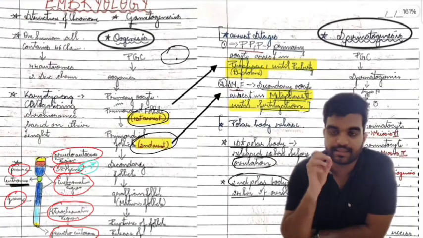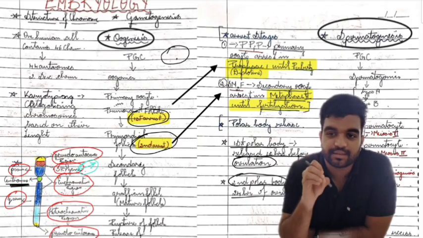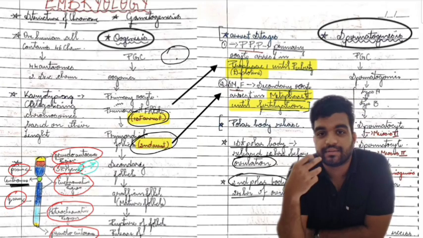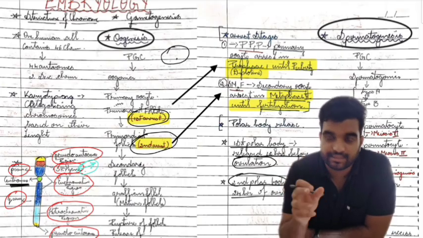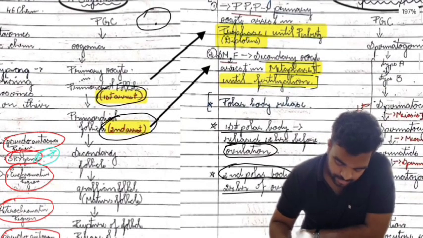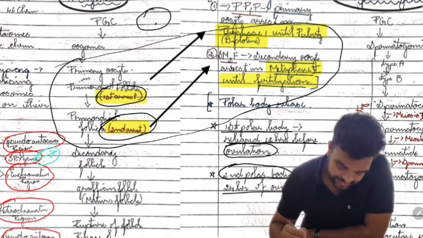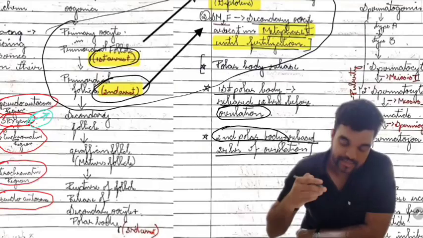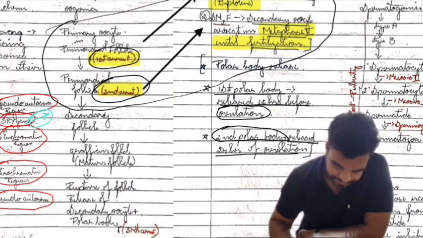In oogenesis itself, they are more interested in whether the doctor knows where to arrest a particular oocyte so that a particular embryo can be generated, etc. So they lean towards the clinical significance of where the arrest takes place rather than the steps of oogenesis or spermatogenesis.